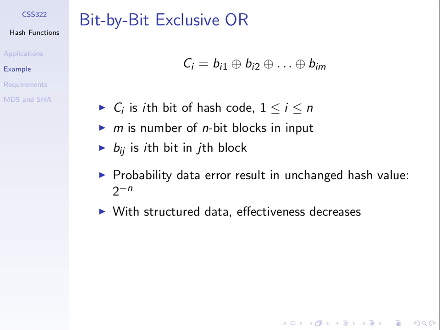The algorithm states that we calculate the hash code by dividing the message into n-bit blocks. Let's say in our example n equals 3. How many blocks do we have?